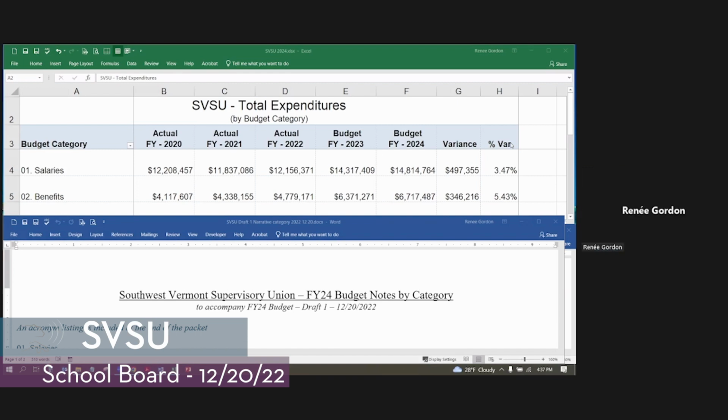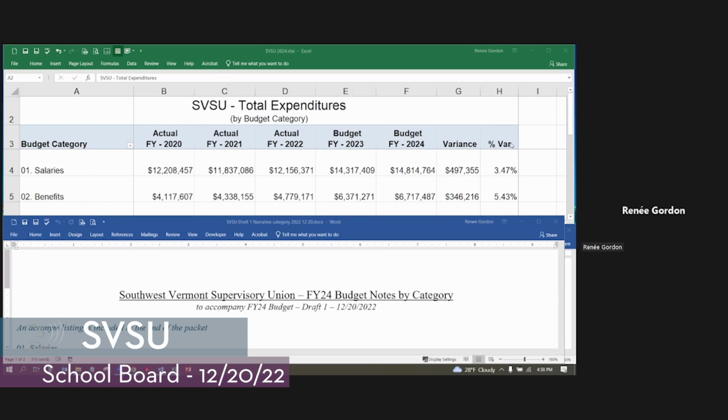And what I tried to do in your packet, you have the budget that is presented via category with a blue highlight, and then behind that is the narrative also with a blue highlight in case things get out of order in your packet. The next two items are another budget presentation, but this one is by department or specialty, also known as function.